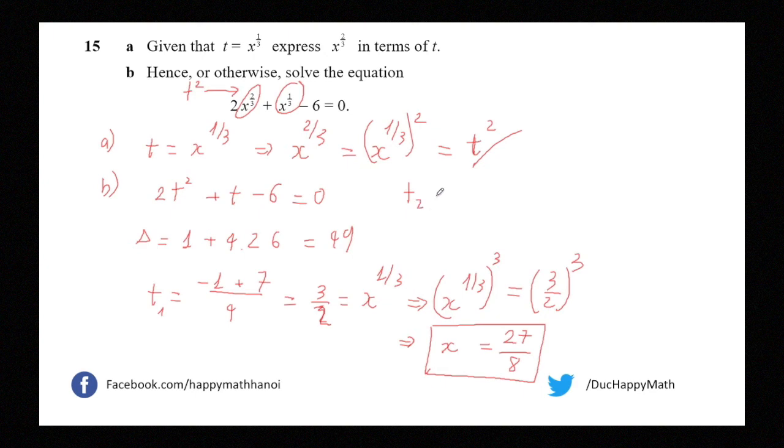And t2 is minus 1 minus 7 divided by 4, so this is minus 2, which equals x power 1 over 3. So in the same way, you take the cube of both sides of this equation, so x will be equal to minus 8.